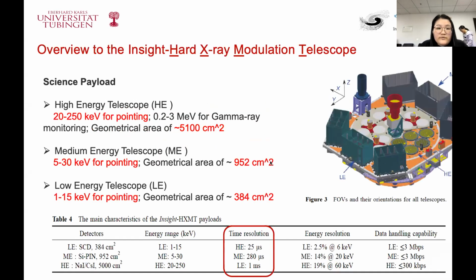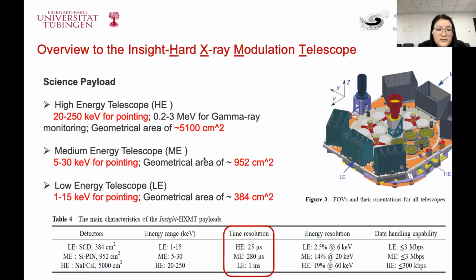So the first will be the overview of the Insight-HXMT telescope. It stands for the Insight Hard X-ray Modulation Telescope. It has 3 telescopes on board. The first one is a high energy telescope, which has the energy range of 20 to 250 keV for pointing. It has a geometrical area of 5,100 square centimeters.